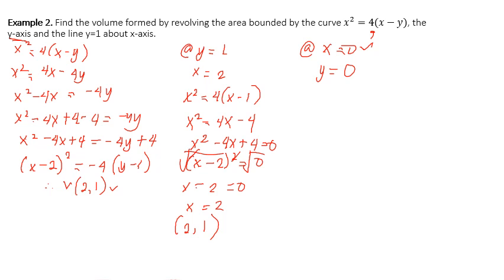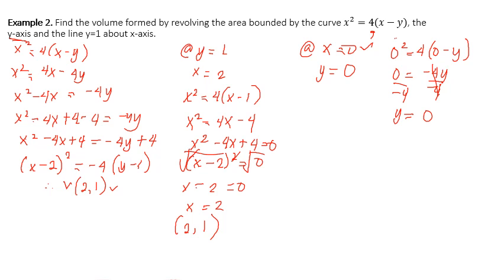I will show you how. That's 0 squared is equal to 4 times 0 minus y. So you have 0 equals negative 4y, all over negative 4. Then you need to divide both sides by negative 4, so you get the value of y as 0.